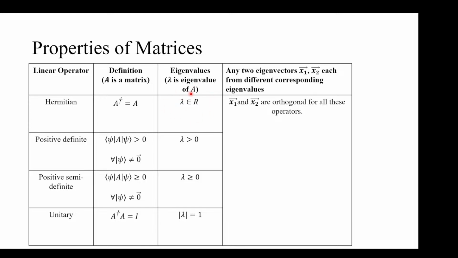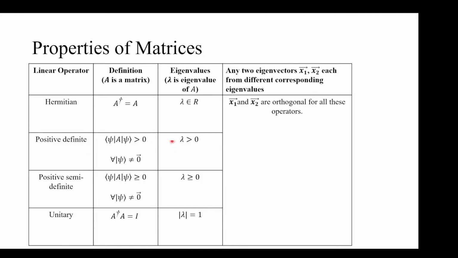Then there are positive definite matrices, which basically means that all the eigenvalues of A are greater than 0. But if we want to write a definition, we can write it this way. If you sandwich A between any vector, so you have bra psi times A times ket psi, for every psi that's not 0, and this is greater than 0 for all psi, then we call A positive definite.